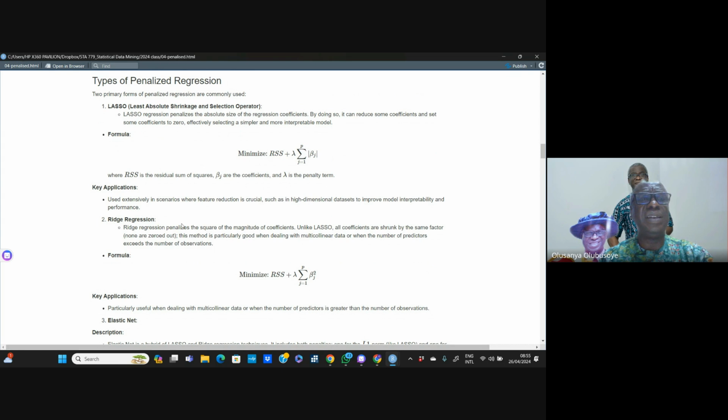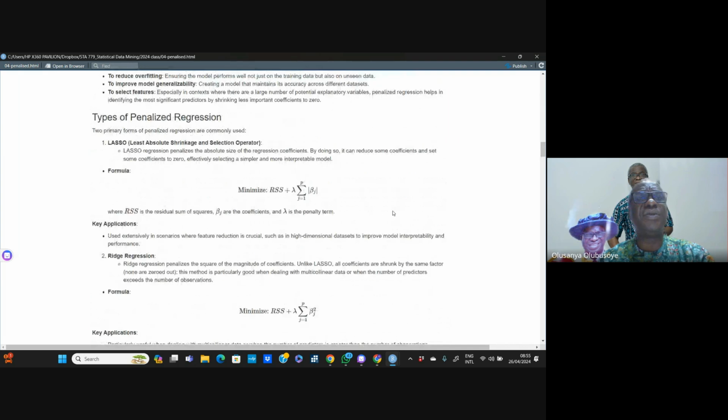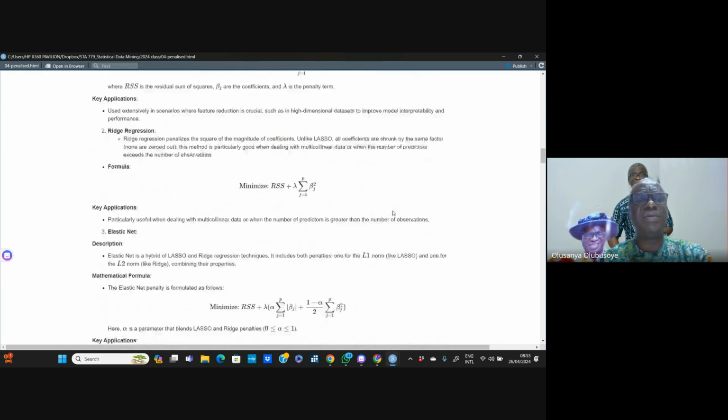So it's used extensively for feature reduction, where you want to reduce the number of features, or where you have a high dimensional data set and you want to improve model interpretability and performance. So that's LASSO.